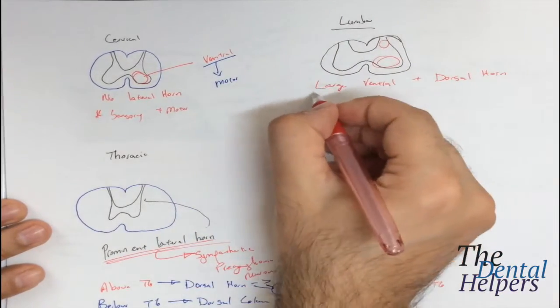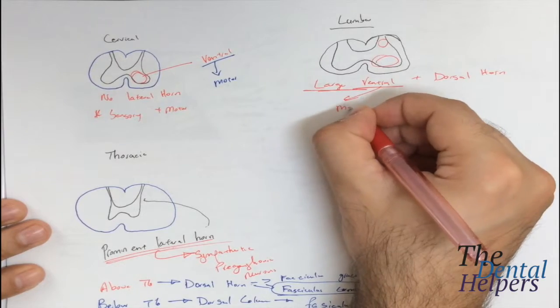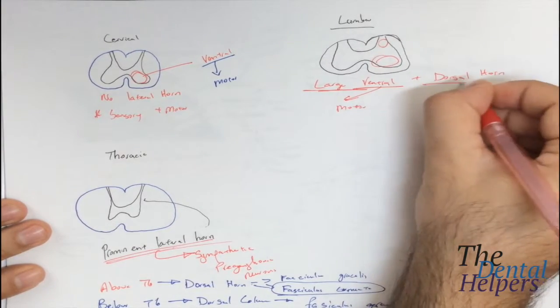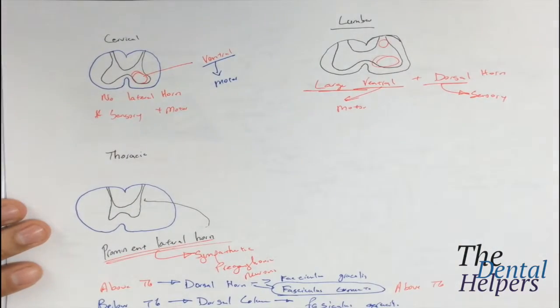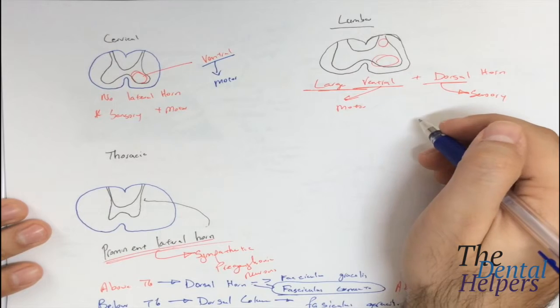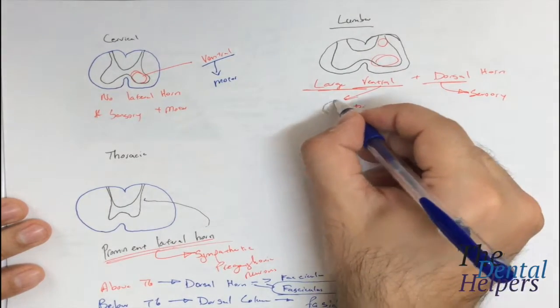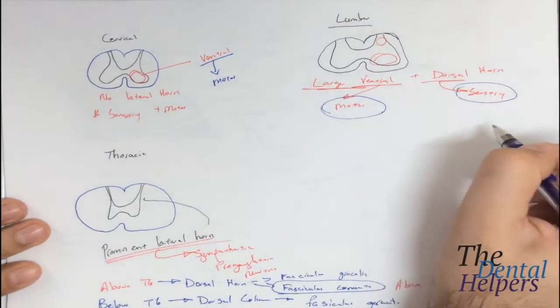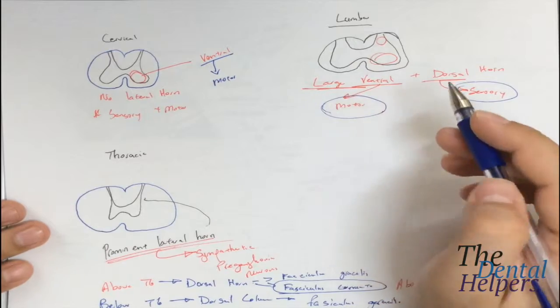So you probably guessed it. By having a large ventral horn that's going to control motor, and having a large dorsal horn is going to be sensory. And let's think about why. Well, this area right here is predominantly going to support the lower extremities. So since it's doing all that work, we need to have motor as well as sensory, and we need it to be big to basically send out to the rest of the body.